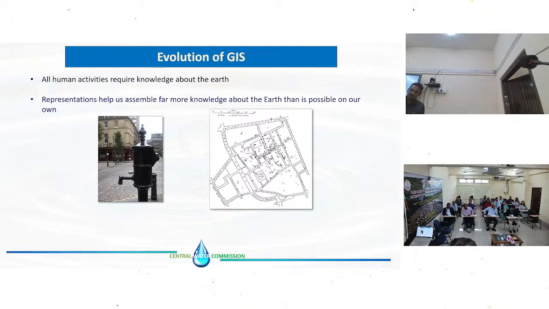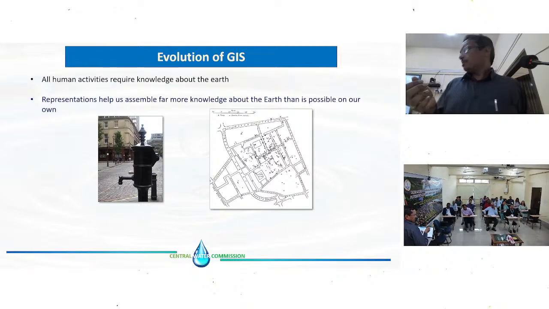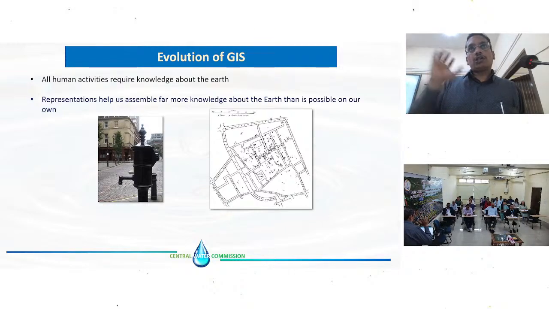At that time it was not well known what the cause of cholera was, but still they deduced that the areas served by contaminated pumps were having these deaths. So one thing is clustering, you identified the hotspot, and the second thing is you related it with the cause.